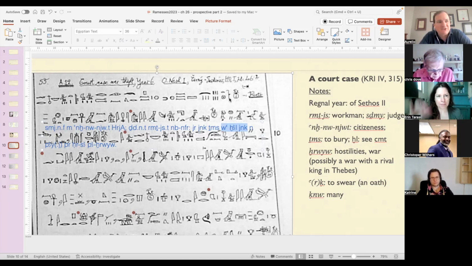Details of this are not completely clear. Basically, this is based on Seti II's name being chiseled out and then later reworked after he was back in power again, and Amenmesse's tomb having its decorations completely destroyed and his name taken out everywhere. So there was something going on.